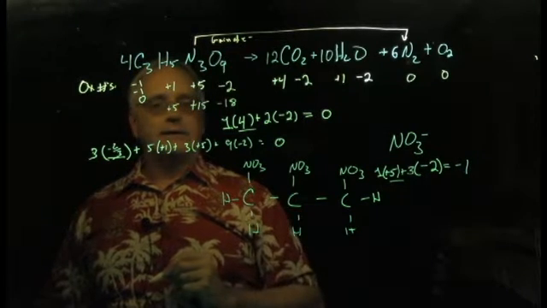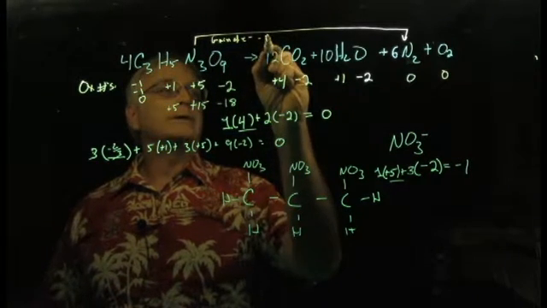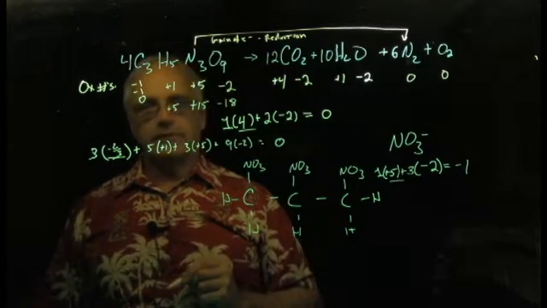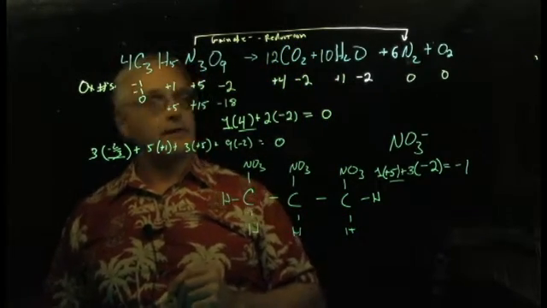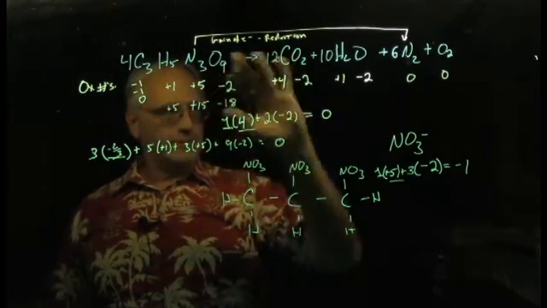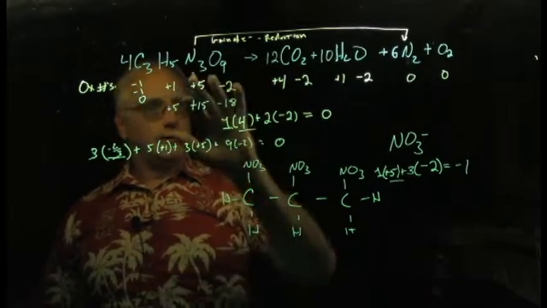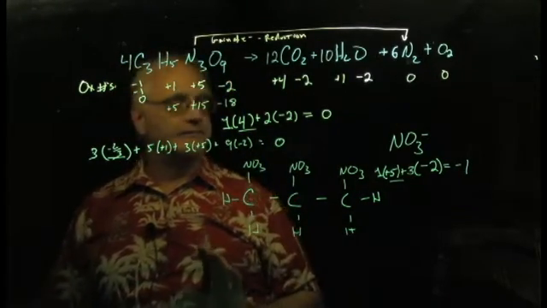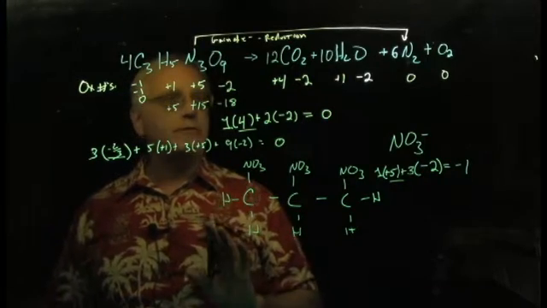And in fact, this is what we call a reduction. I know. The worst terminology in all of science is gain of electrons is reduction. Just get used to it. That's what we call it. And so nitrogen here is being reduced, and we're going to count the number of electrons involved in that process in a few moments.